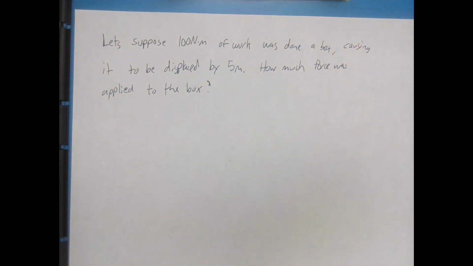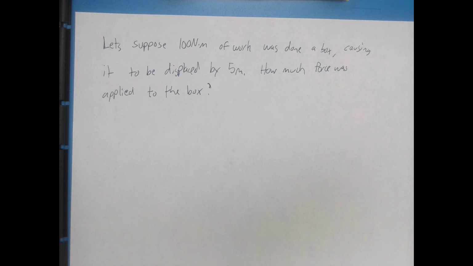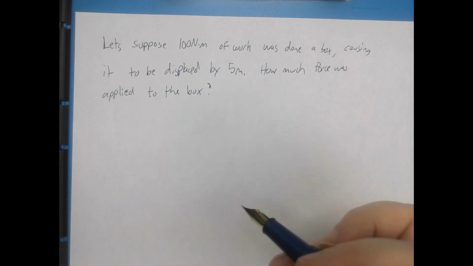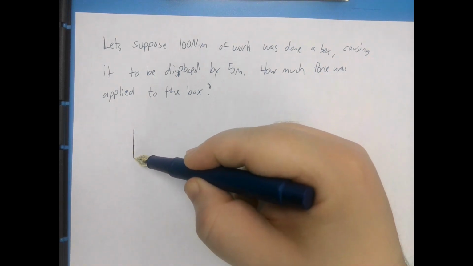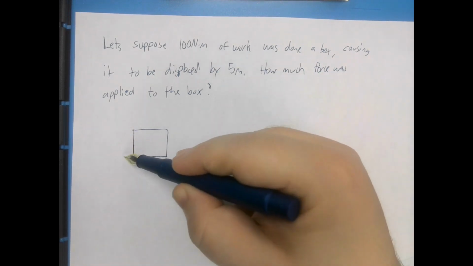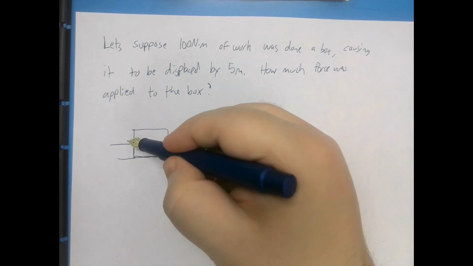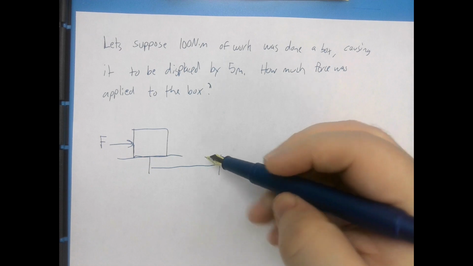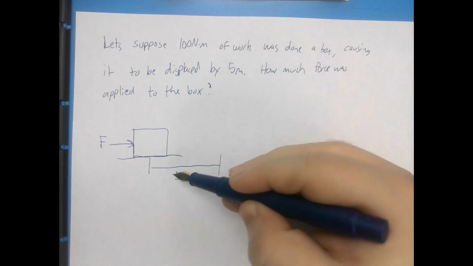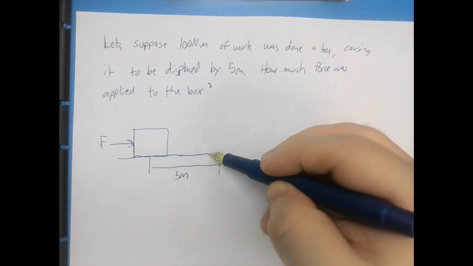When given a problem like this, you can assume we're only concerned with the force that contributes to work, meaning just the parallel force. So we have a box, we apply some unknown force to it, and it was displaced by 5 meters.